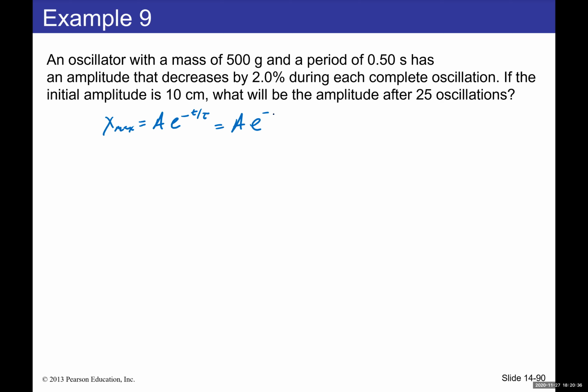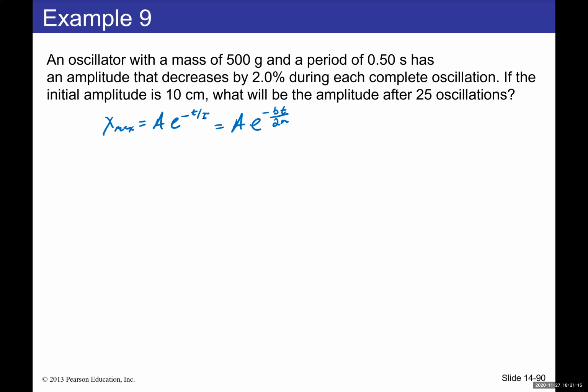bt over 2m. So from here, what I can do is basically use this to calculate. Oh, sorry, it's 2 tau over here rather than tau.